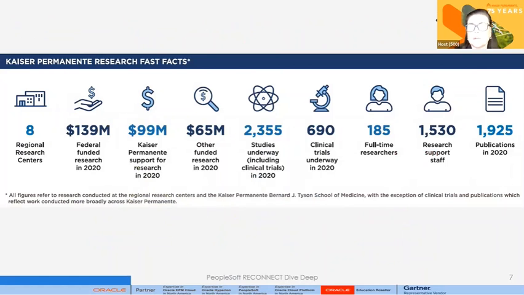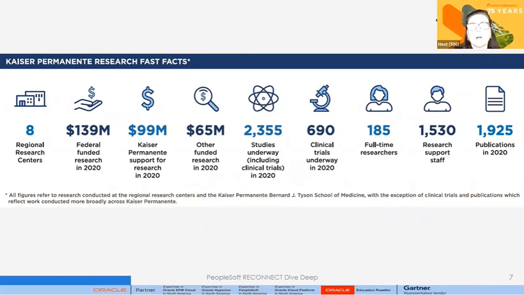These are a little bit of the stats about our research. We have what's called 8 regional research centers, and they cover multiple states and multiple groups within each state. While we don't have as many users as the rest of Kaiser has in PeopleSoft, it's still significant because we're in multiple states, there are multiple requirements.